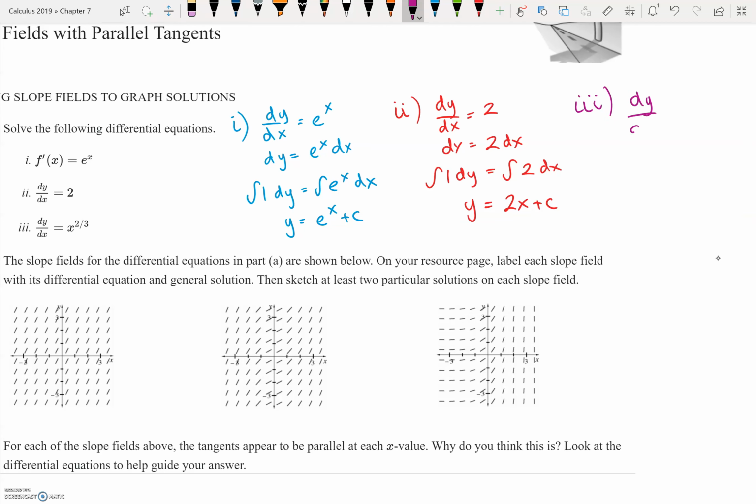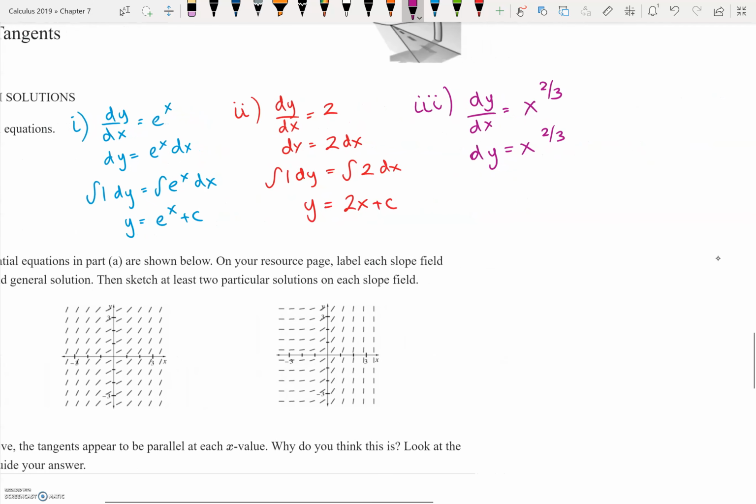is the derivative of something is x to the 2/3. So we're going to move the dx to the other side. Take the antiderivative of dy, and the antiderivative of x to the 2/3.